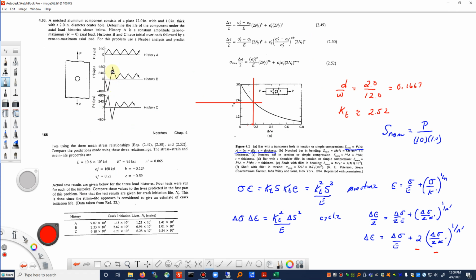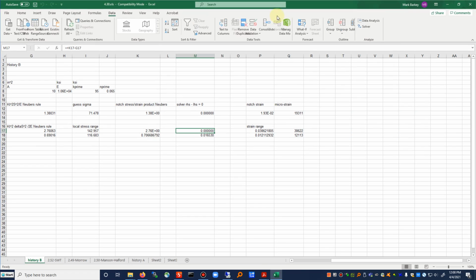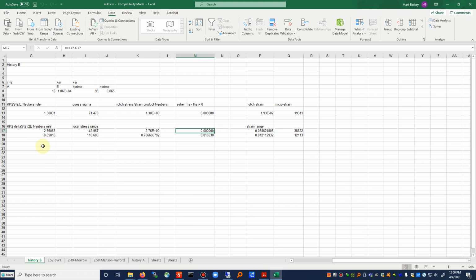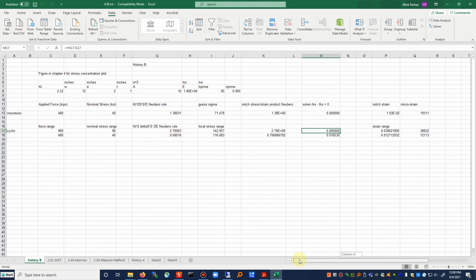All right, now let's look at the next segment of our history. Now I'm at 480 and I go to 0. So that is a delta load of 480 kips. Let me scoot this over. Okay, 480 kips.